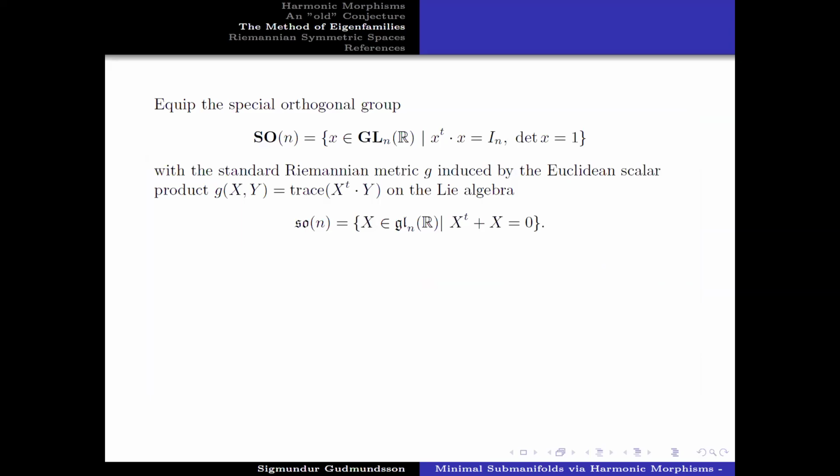Now, how do these eigenfamilies occur? You might have found this a bit strange, but I will now show you how it works in this simple case. So, equip the special orthogonal group, this guy, with the standard Riemannian metric induced by the Euclidean scalar product. This is the standard scalar product on this sort of Lie group.